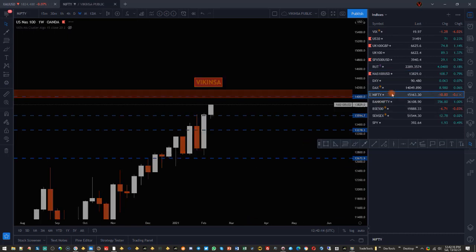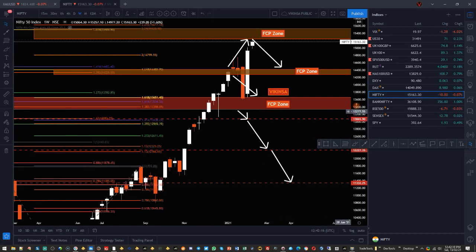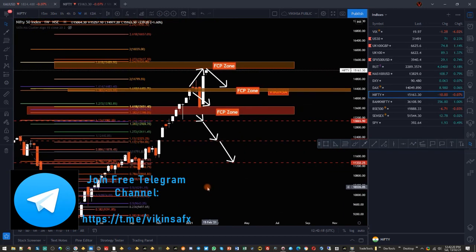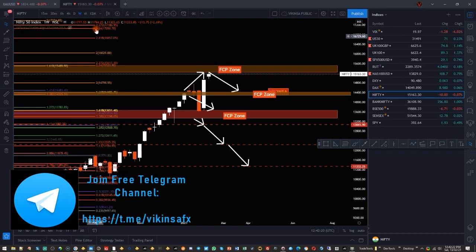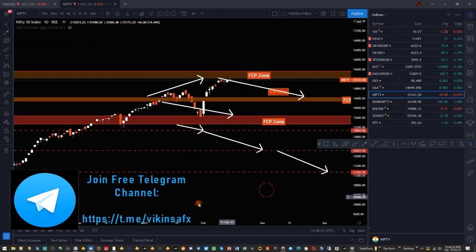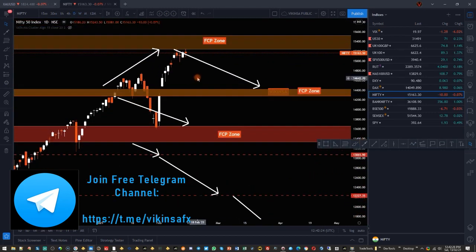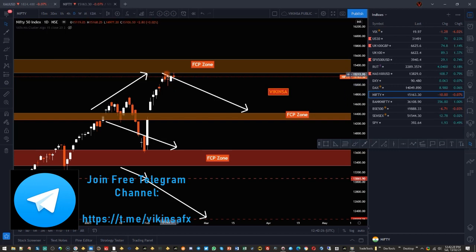Okay, let's look at NIFTY. NIFTY has been very good. So this is what we have been monitoring for quite a while now, and these are the important levels which market has reached. So now this is the FCP zone where the market has reached. This is what we are expecting, and we are expecting it to fall back down.